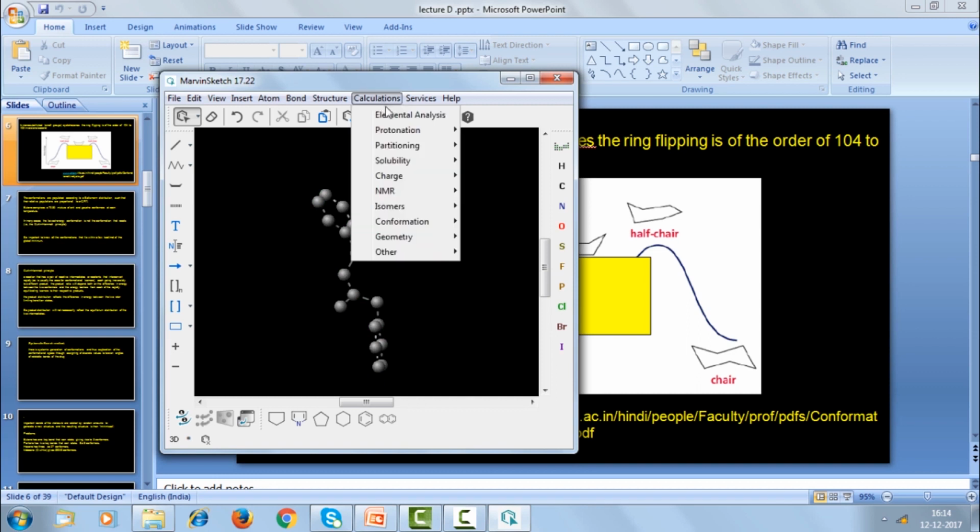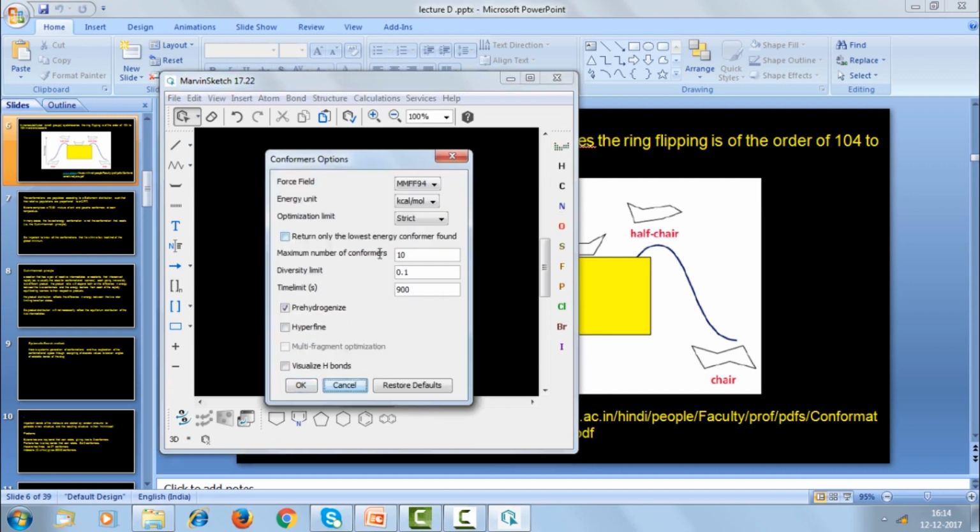Okay, so we can go into conformation, conformers.